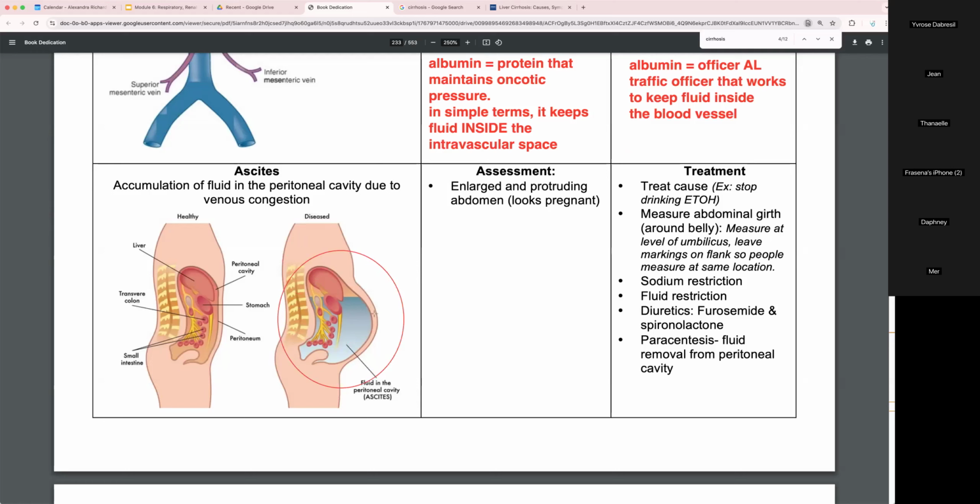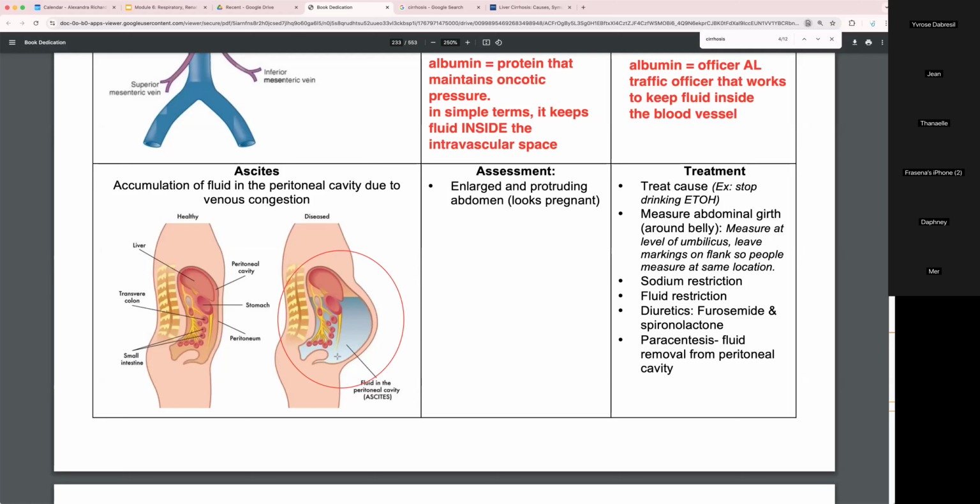That's what you're seeing here in this picture. An individual with cirrhosis is at risk for ascites because of hypoalbuminemia. They have low albumin. So there's not enough albumin to tell the fluid, you stay inside the blood vessel.